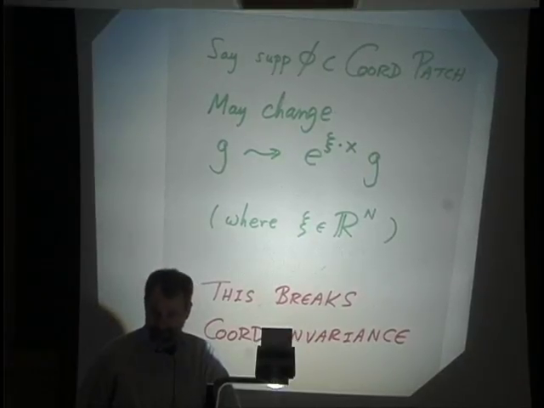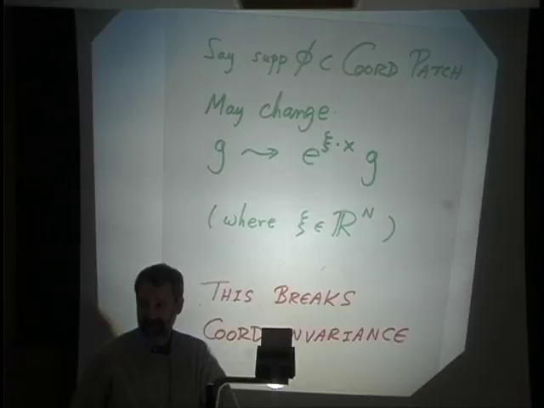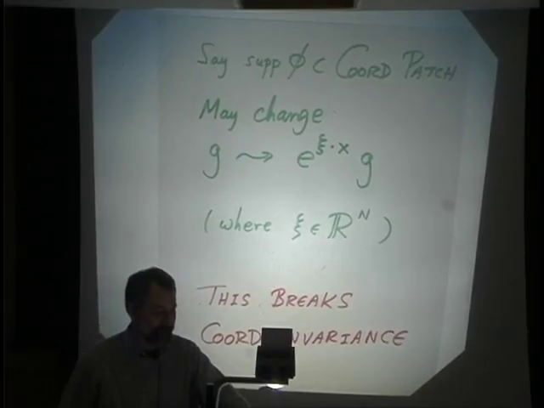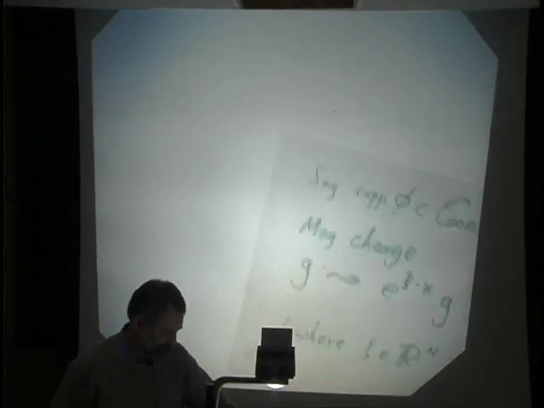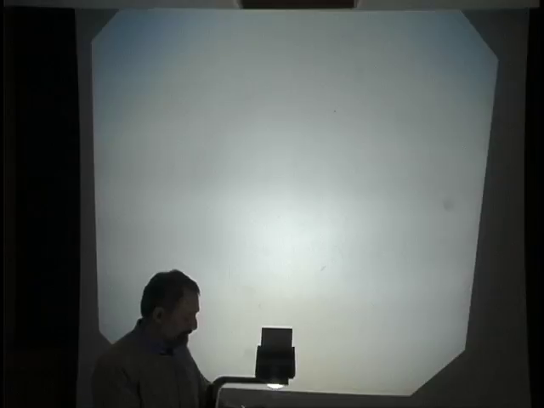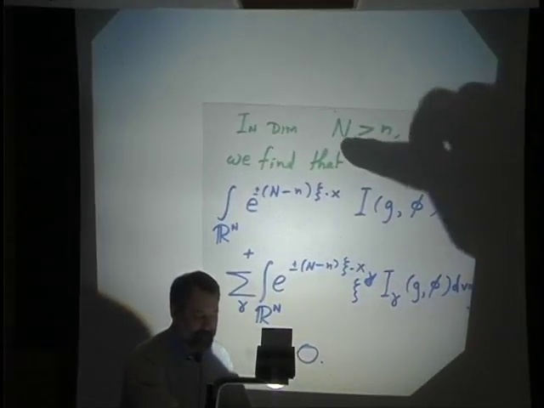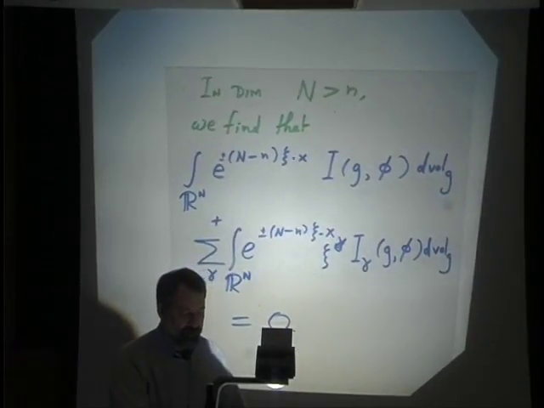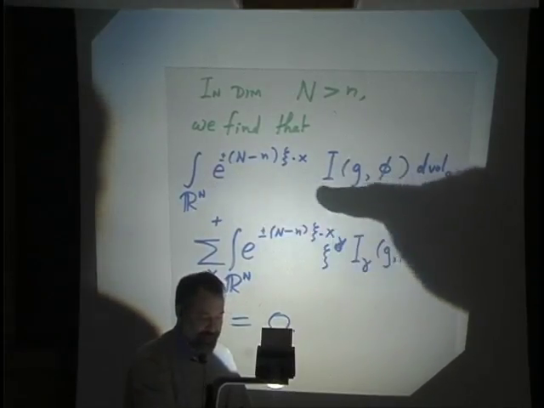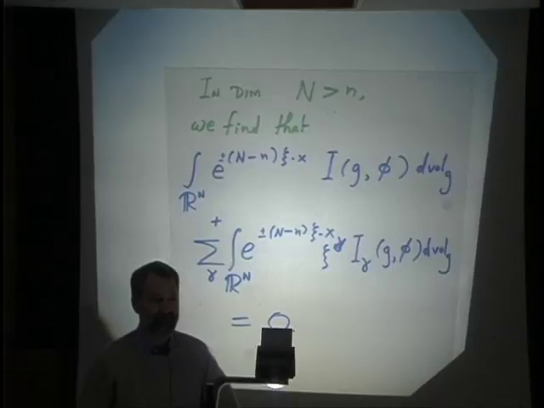So let's forge ahead and agree that, all right, this breaks the coordinate invariance, so what? So we've made this change. All right. Now, because we are in a dimension other than little n, when we make that change, we're going to get a factor something like this.